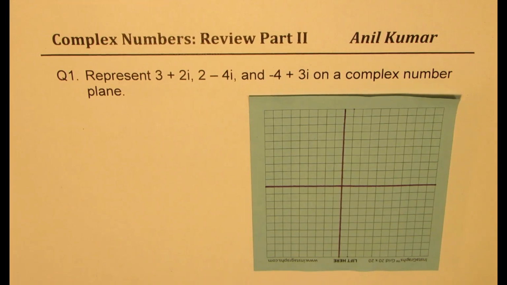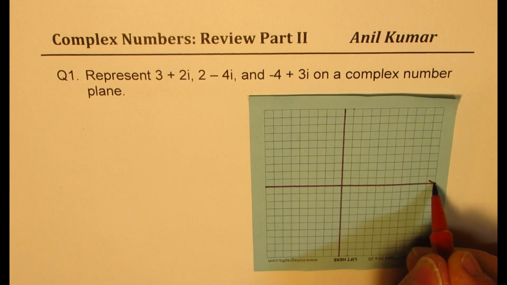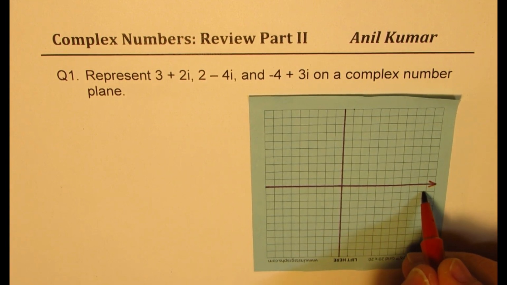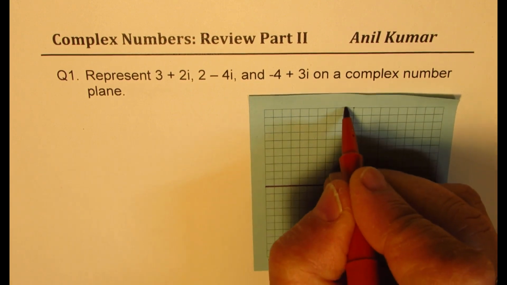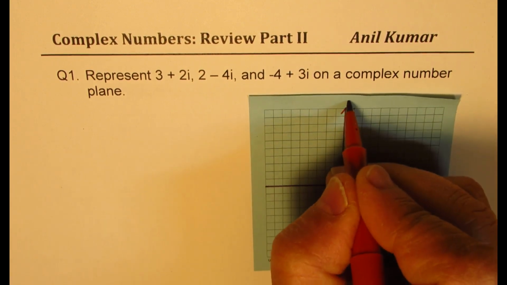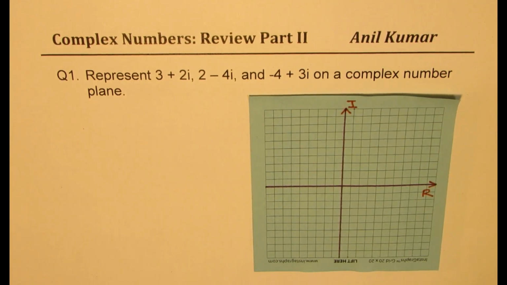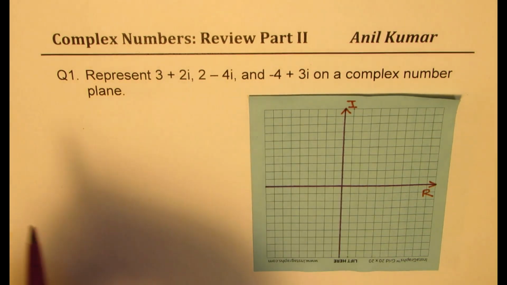Now let us see how to represent complex numbers on a complex number plane. I was explaining the x-axis, equivalent to our coordinate plane, represents the real numbers and the y-axis represents the imaginary part, right? Now the complex number given to us is 3 plus 2i.